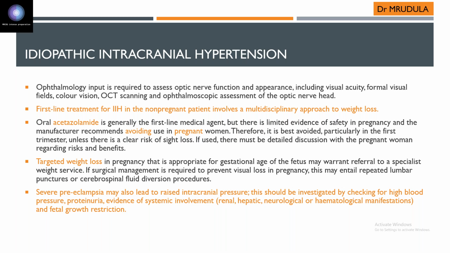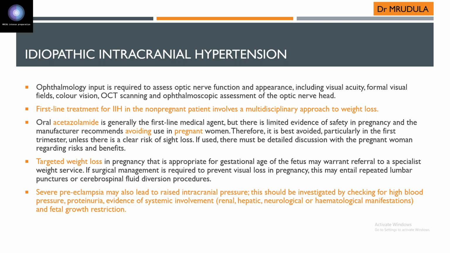It is the first-line medical agent, but usually it should be avoided in pregnancy, at least in the first trimester, unless there is a clear risk of visual loss. If used, the risks and benefits should always be explained to the patient. The main modality of treatment for IIH is targeted weight loss.